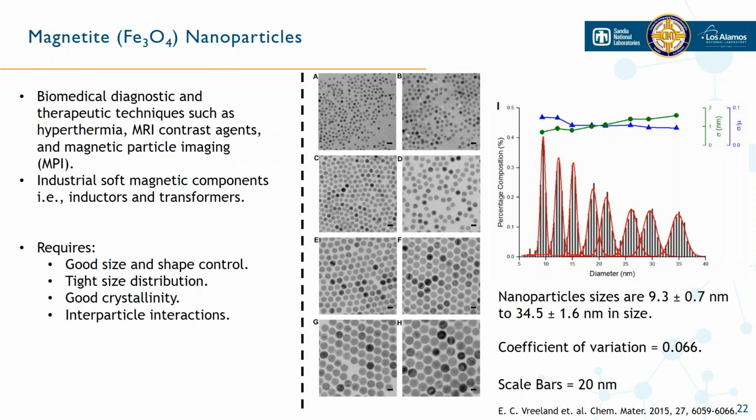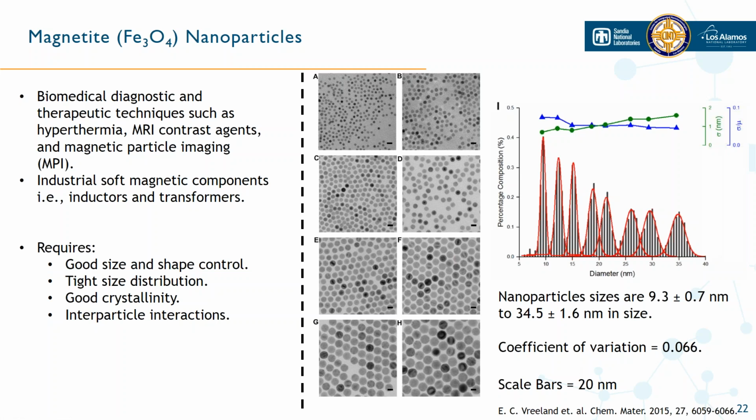We want good crystallinity, and we also want to understand interparticle interactions, because the way that particles interact in solution or in your application can change how they behave in the presence or absence of a field, or, for example, a switching field in the case of inductors and transformers.